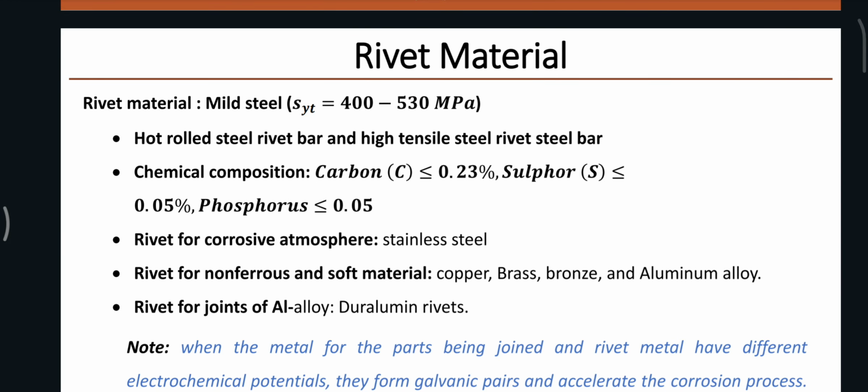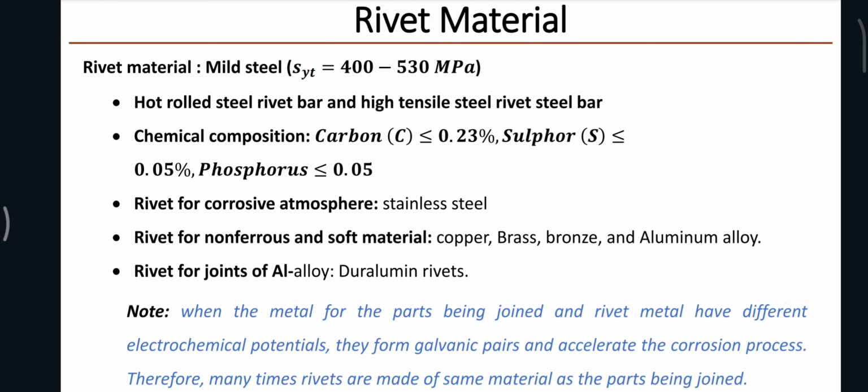Rivet material: mostly mild steel. SYT equal to 400 to 530 megapascal. Hot rolled steel rivet bar and high tensile steel rivet bar. Chemical composition of rivet material: carbon less than 0.23%, sulfur less than 0.05%, and phosphorus less than 0.05.